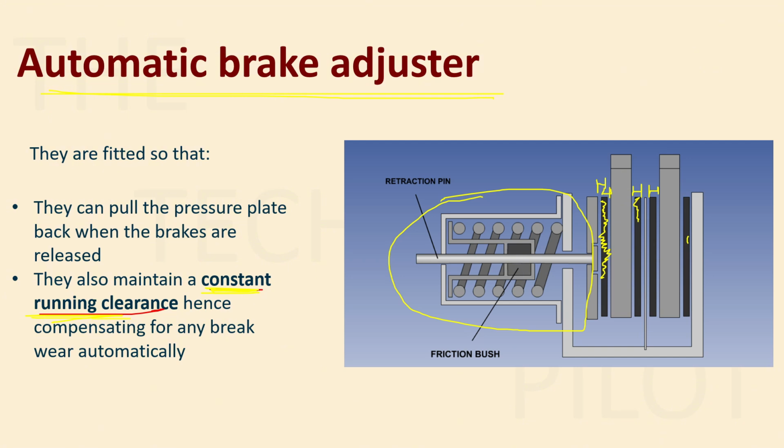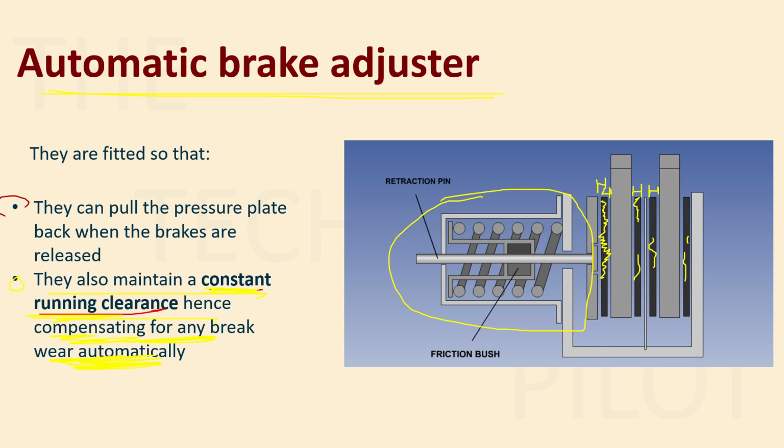So in the second point, it is written that they also maintain a constant running clearance, hence compensating for any brake wear automatically. Even if the brake wears, the running clearance will be constant.